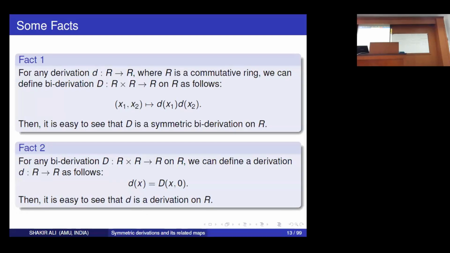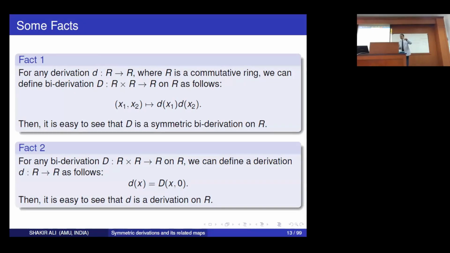Now our claim is that it is a symmetric bi-derivation. That means it satisfies the identity in both arguments. You can check yourself. First you check the identity with respect to x1, that means you replace x1 by y1 and check. Then you have x1 y1 and x2.